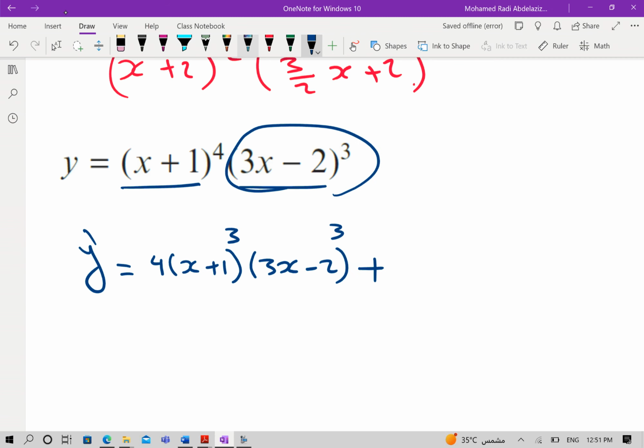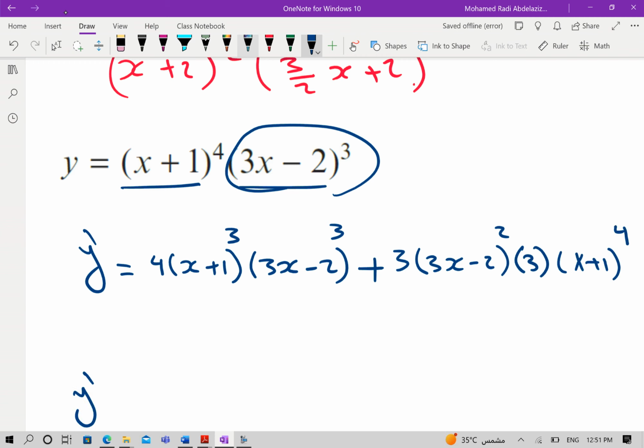Differentiation of second will be (3x minus 2) all to the power of 2, then don't forget to multiply by 3, the inside derivative of 3x minus 2. This is the derivative of second, multiplied by first, (x plus 1) all to the power of 4.